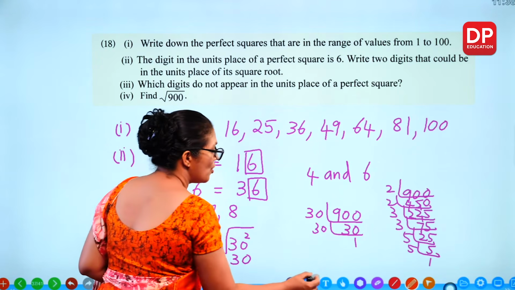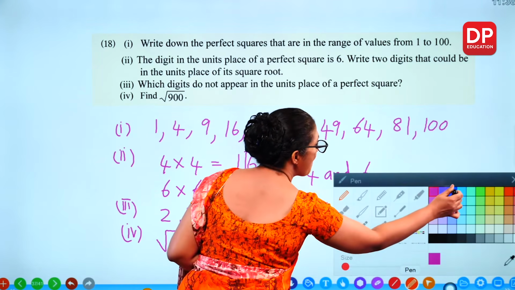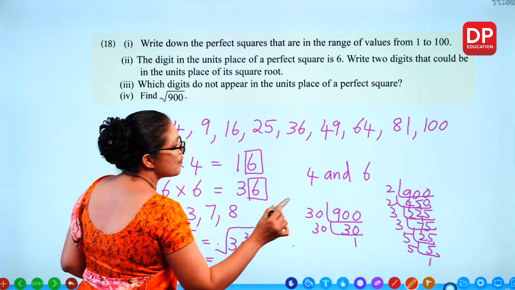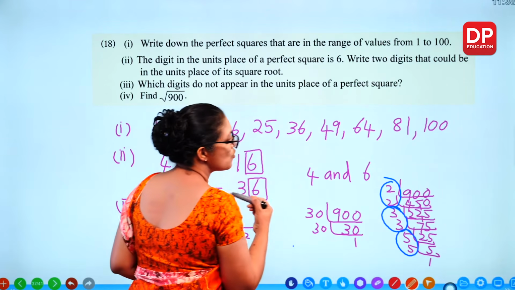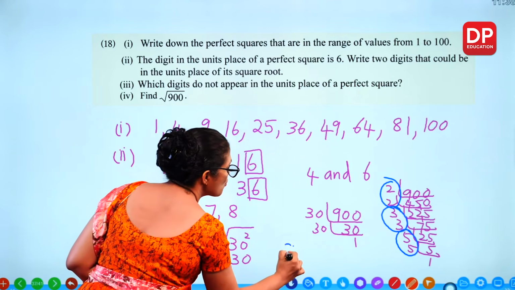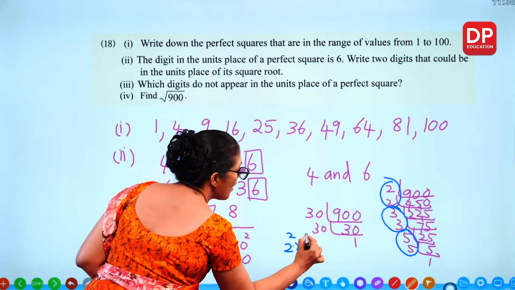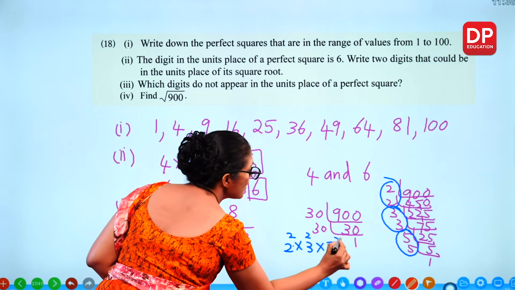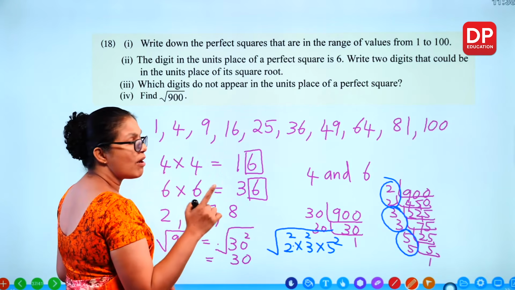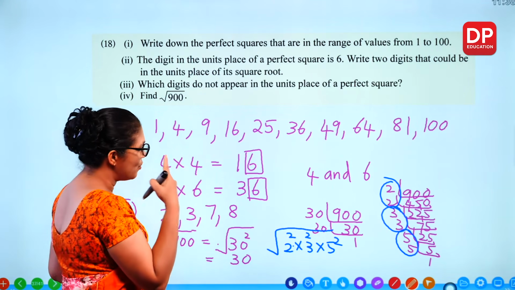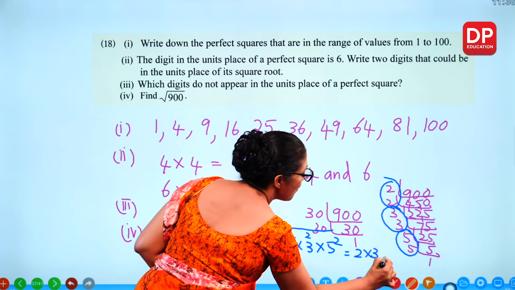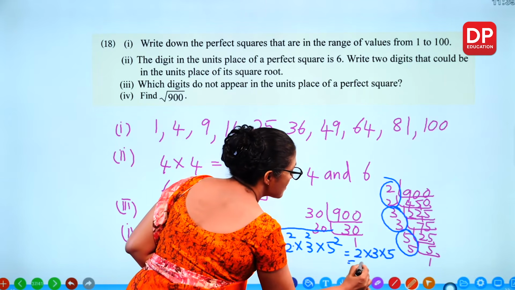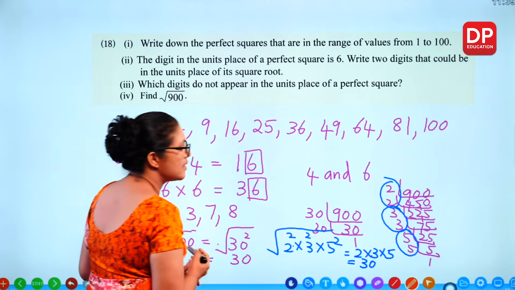Then you can write 2 squared, 3 squared and 5 squared. When you take the square root, all get cancelled out and you get 2, 3 and 5. 6 times 5, you get 30.